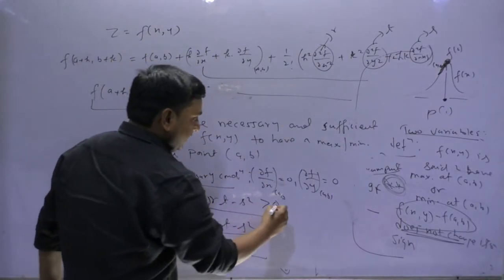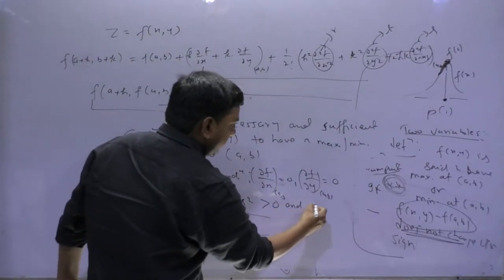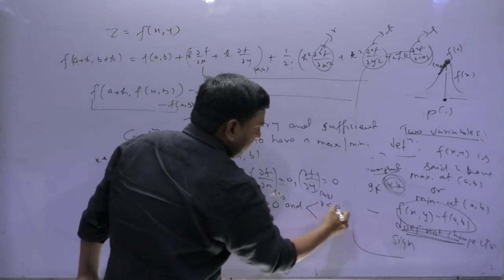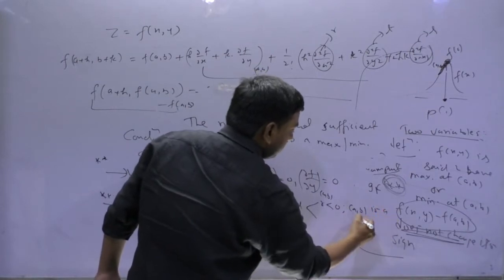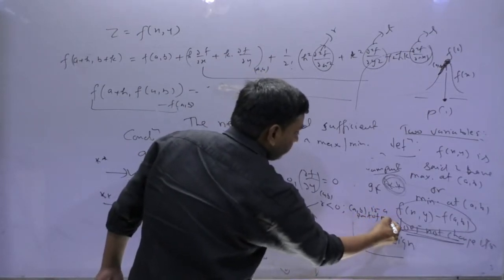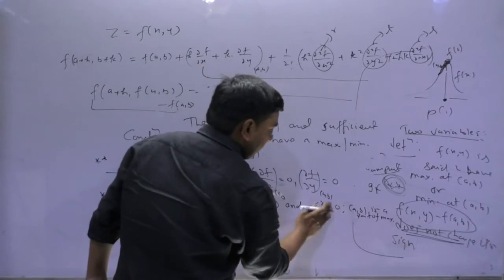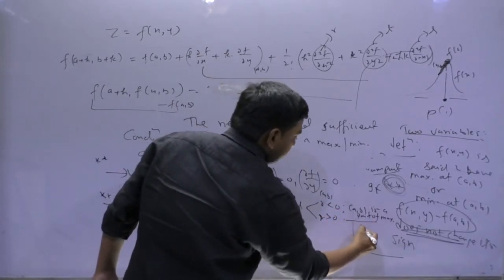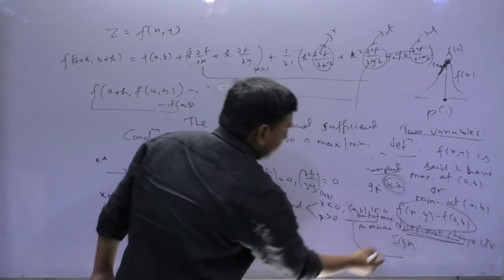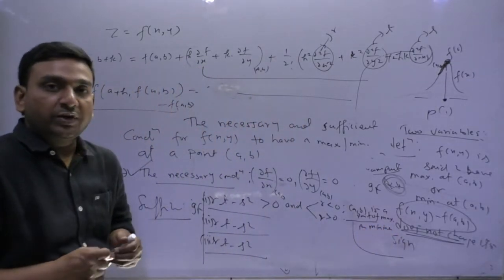If this is greater than 0 and r is less than 0, then a comma b is a point of maxima. If r greater than 0, then it is a point of minima.